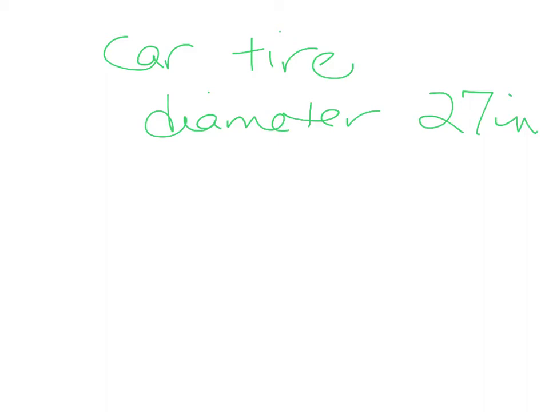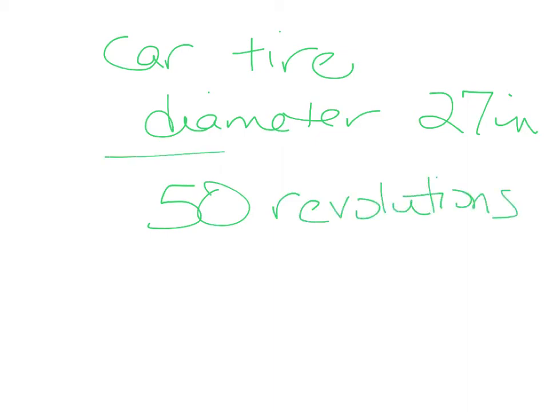I want you to find out how far the car could go if the tire makes 50 revolutions. So in the notes, it was different. It asked you how many revolutions it took. So this one's a little different.